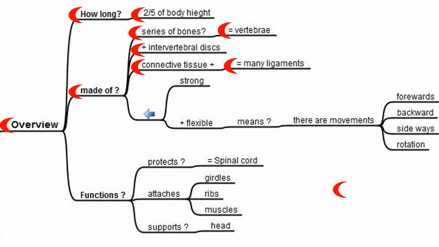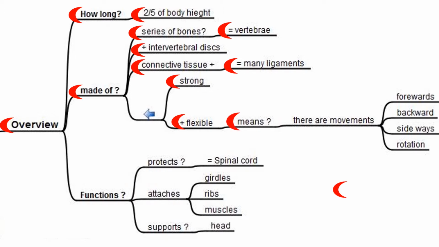These structures we have just mentioned make the vertebral column strong, and strong does not mean fixed. It is strong and flexible.